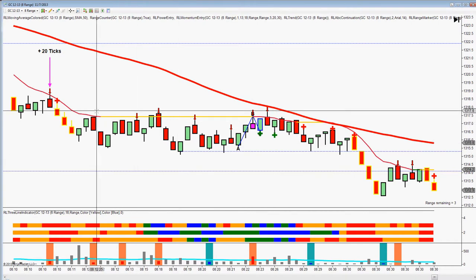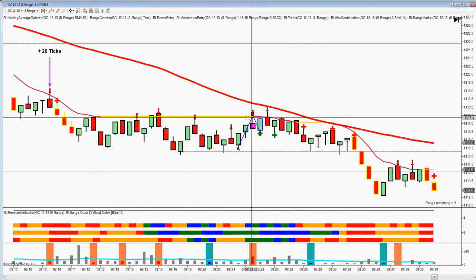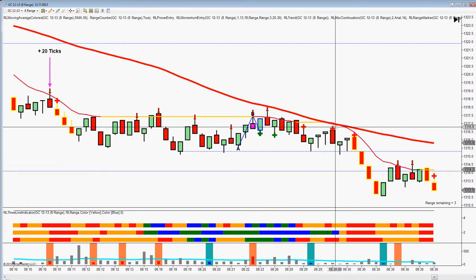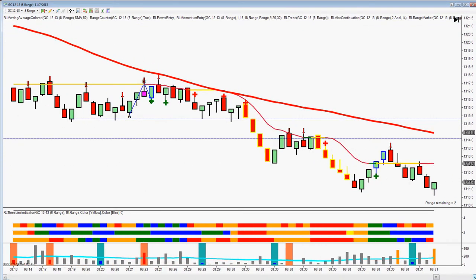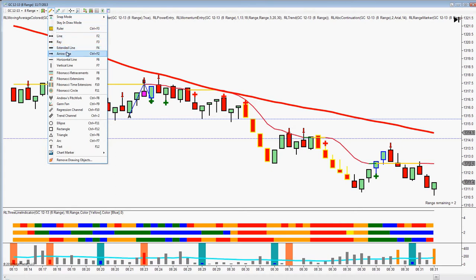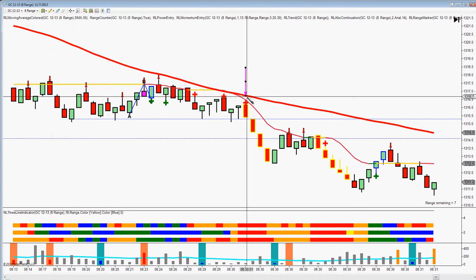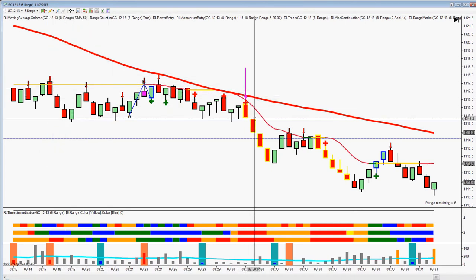Now, we don't trade any of this because the Right Line trend line is yellow, and we just don't trade a yellow trend line. None of these signals are tradable. Now, this is a signal that if you're very, very careful, you could potentially take. The reason you would not take it is it's in this swing pivot.